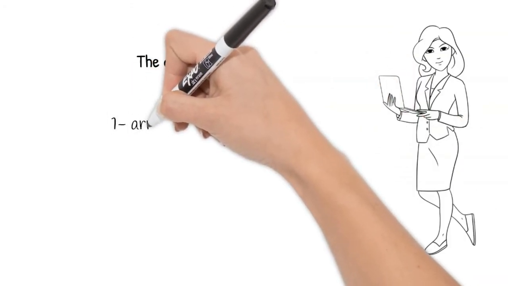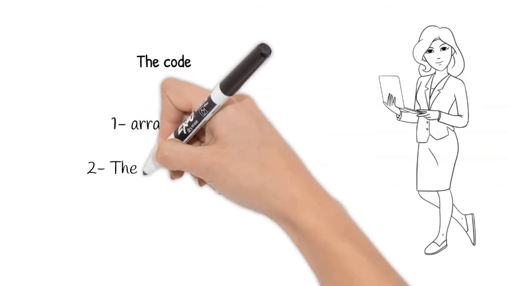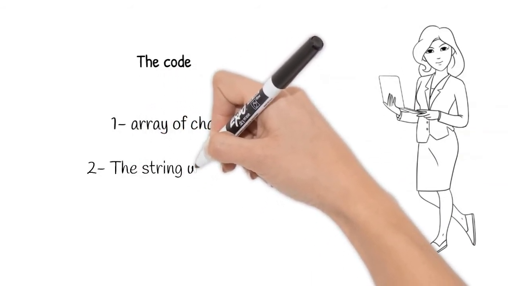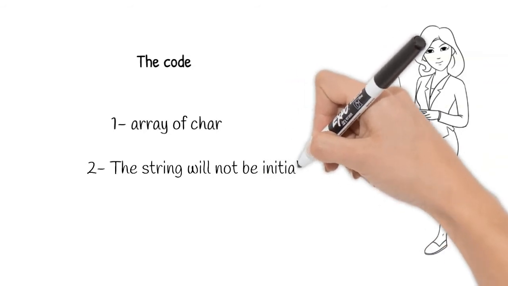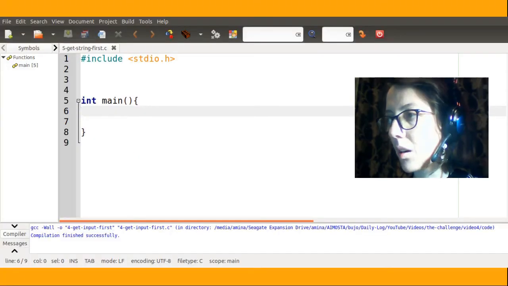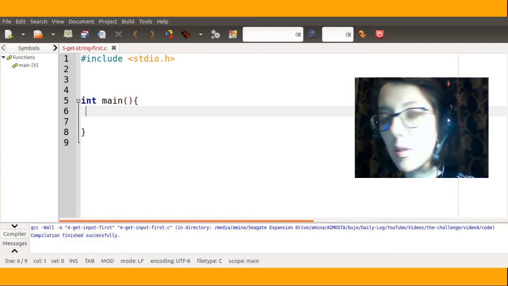For the code, I will declare the string as an array of char, and the array will not be initialized, which means that the first value it will get is the value the user will enter from the terminal. So to get any input of type string, I'll first declare a string.